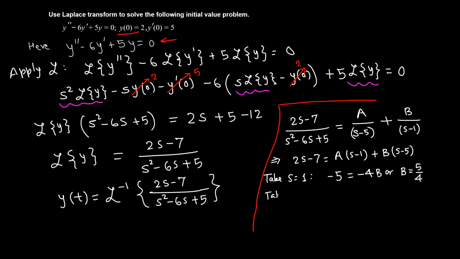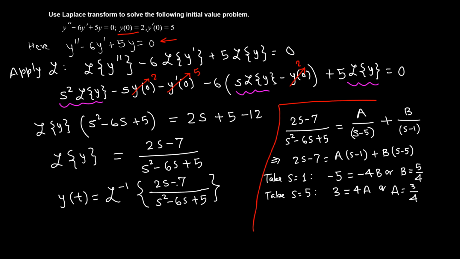Take s equals 5, so that the B part will be gone. Then 2 times 5 is 10 minus 7 is 3, equals 5 minus 1, 4A. This is 5 minus 5, 0, this is gone. So A equals, divide by 4, 3/4.